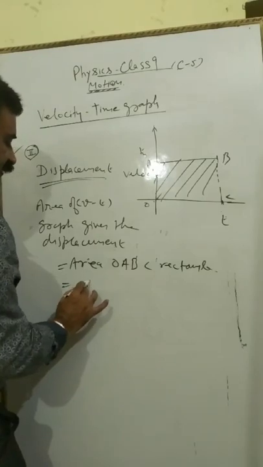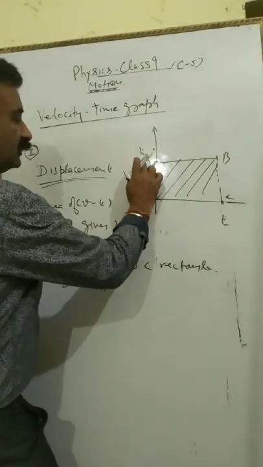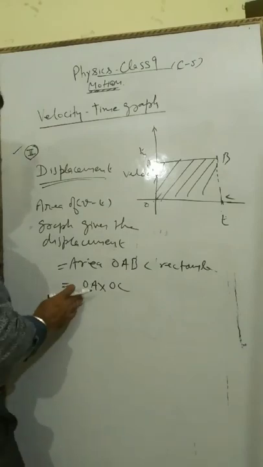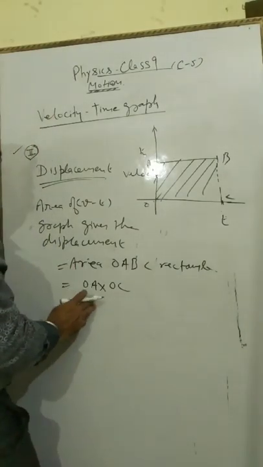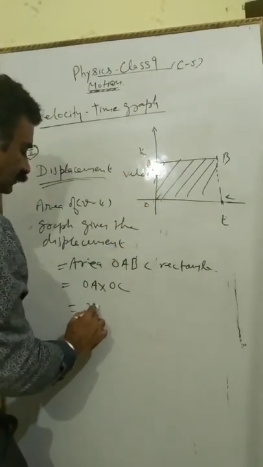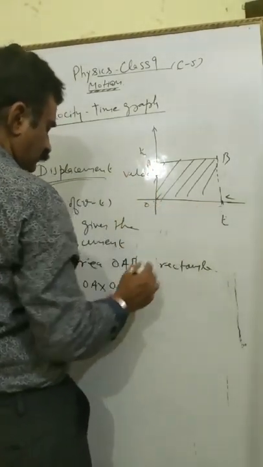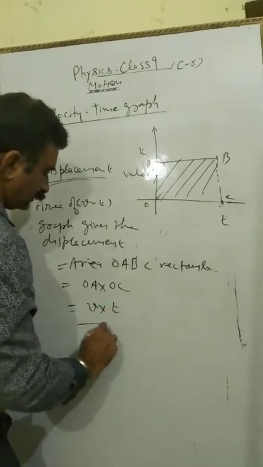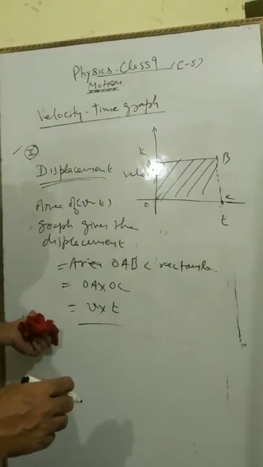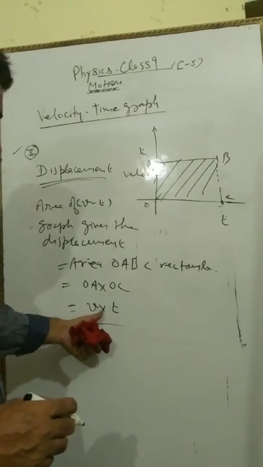It means it is OA into OC. OA is the velocity part and OC is the time part. So again you know that distance is equal to velocity into time.